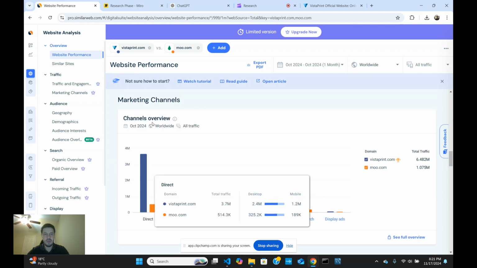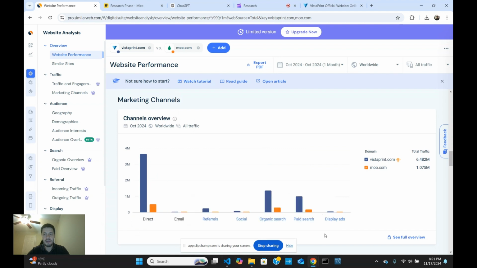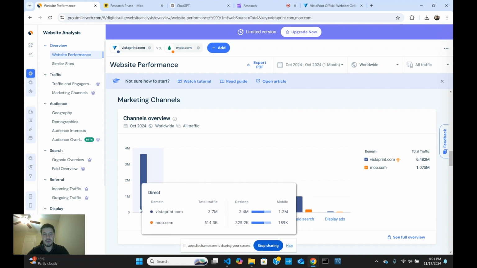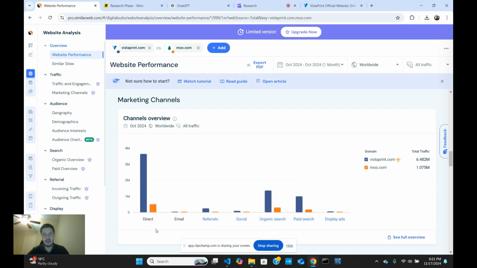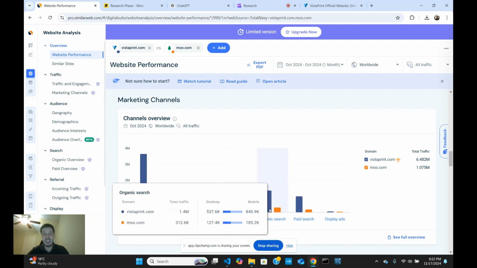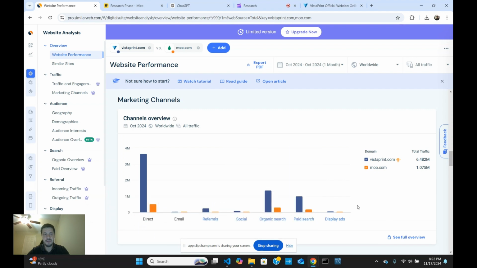And remember the question about channels? Here I have a breakdown, right? Direct means that they are basically just typing the website, but there are other ways for these people to go to the website, which is through email or referral or social, or maybe organic search or paid search or ads, right?